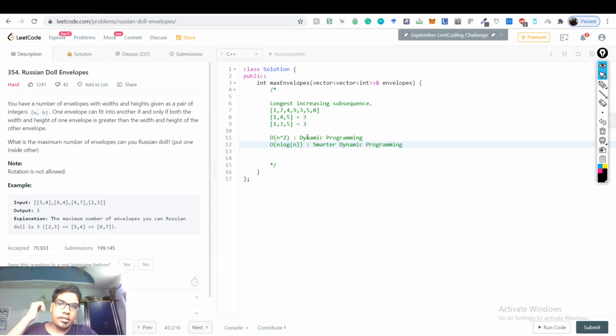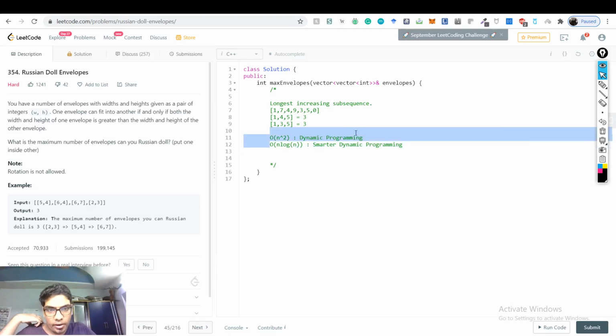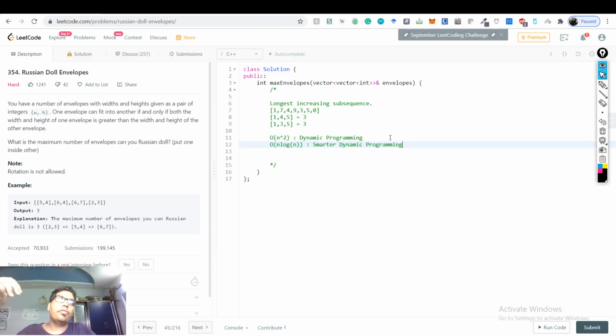It's typical that you could solve any longest increasing subsequence problem in O of n square time, but the same can be said that you can solve this problem in n log n time. Not a lot of problems which include finding subsequences or contiguous subsequences have this property. A lot of them are fundamentally O of n square algorithms, right? But this is a very special algorithm. It can be solved in n log n time. So this is the approach we can take.